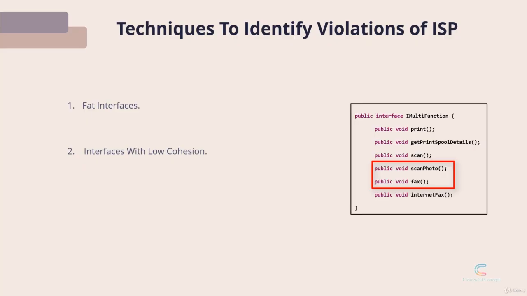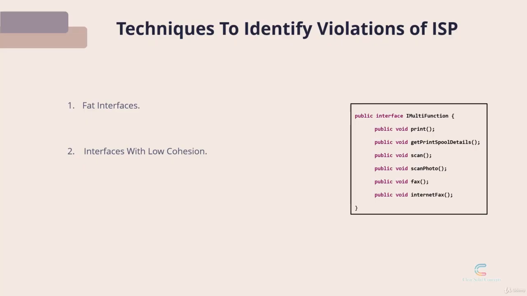One deals with transmitting a printed piece of paper over a telephone line, whereas the other deals with digitally capturing the colors in a photograph. In other words, there is low cohesion between the methods in the IMultiFunction interface. This is another indication that we are breaking the interface segregation principle in all probability.